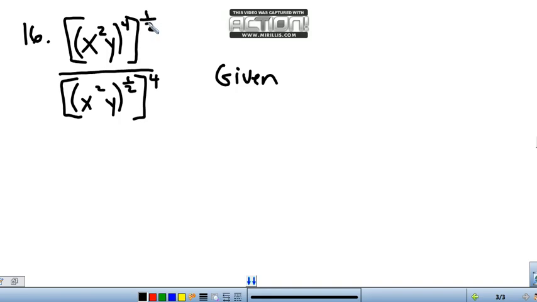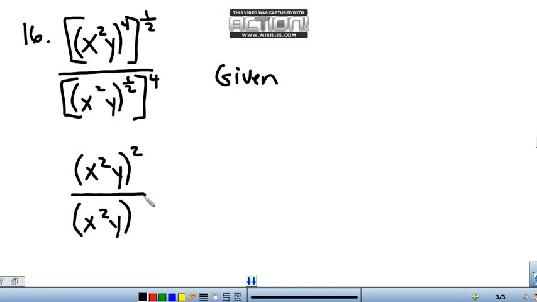So 4 times 1/2 is 2. So that will be x squared y in parentheses, and we just have a 2 here, over x squared y. Look at that, we have the same base for each one. 1/2 times 4 is 2.